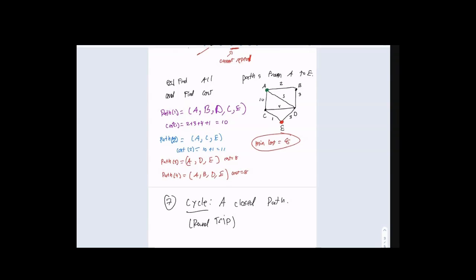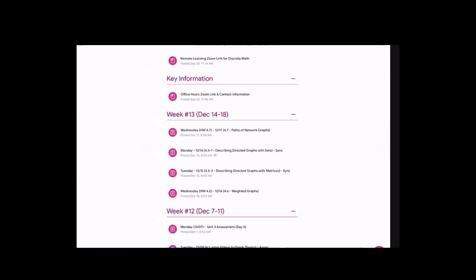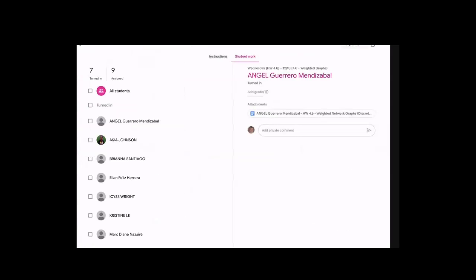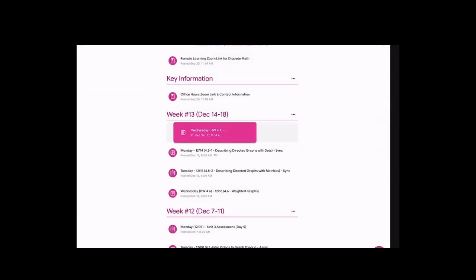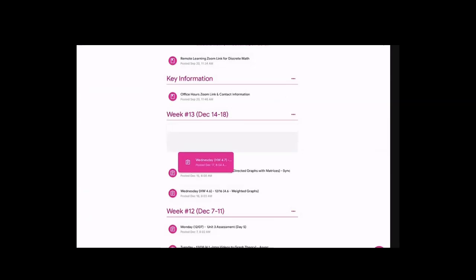All right, so all I want you to do is find the paths. So how many possible paths are there? In the first homework example, let me pull up the homework now. In your homework, oh, that should say Thursday right there.